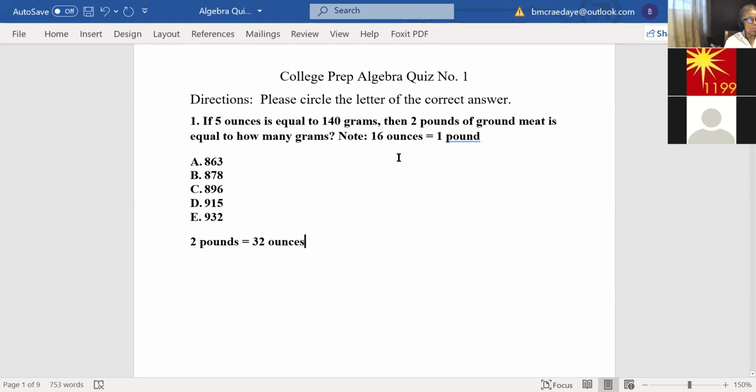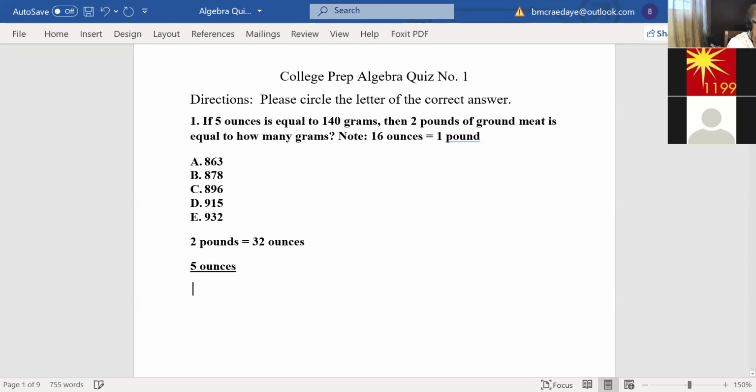All right, so let's just set this up so we can have ounces over grams equal ounces over grams, because the proportion is setting two ratios equal to each other. So we would have 5 ounces, and this is equal to 140 grams. So let's just put that over 140.